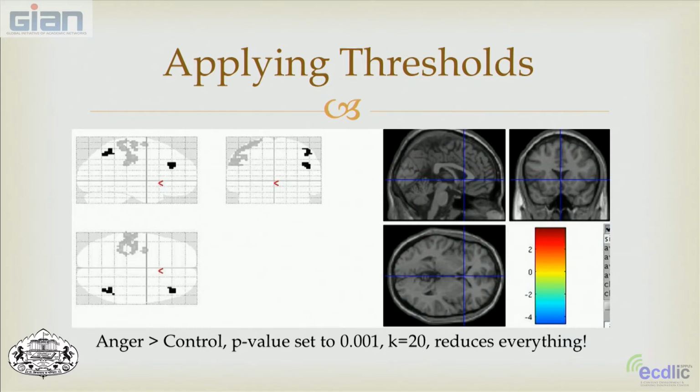Okay, so what if we increase our p-value for the same data set to 0.001 and keep our contiguous cluster threshold at 20? Well, you can see here we pretty much wiped out all our areas of activation. So there's not a lot of areas where the p-value of 20 voxels together was greater than 0.001.